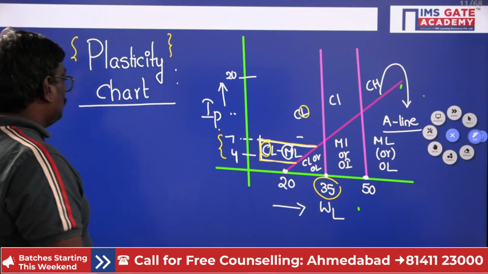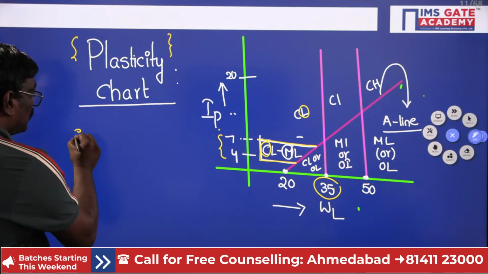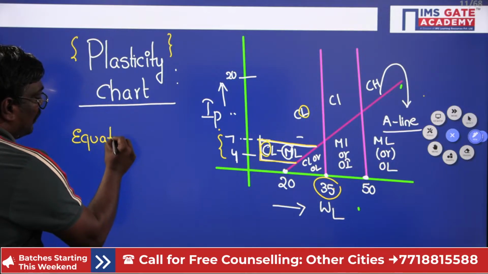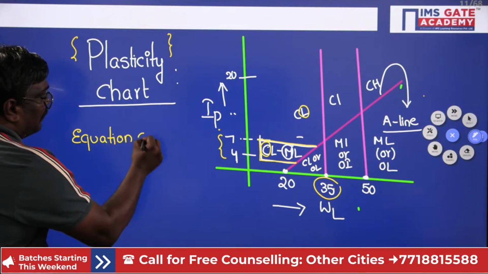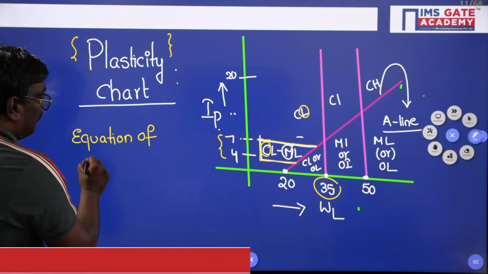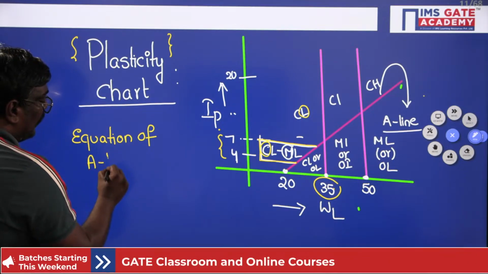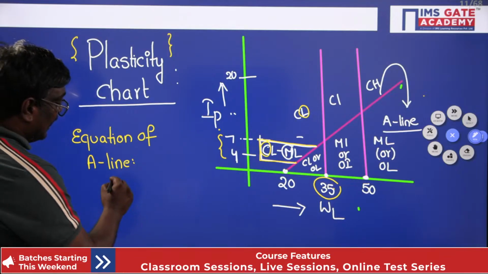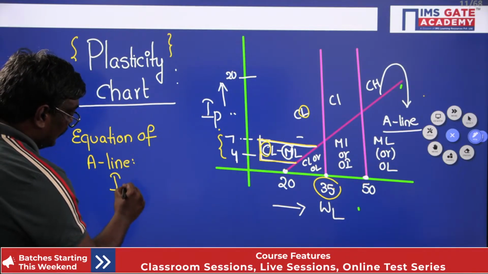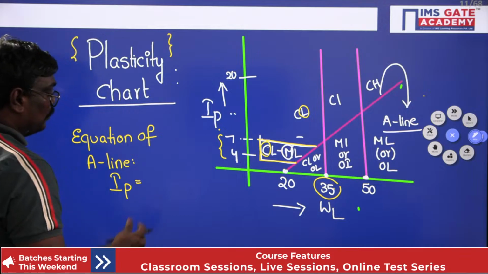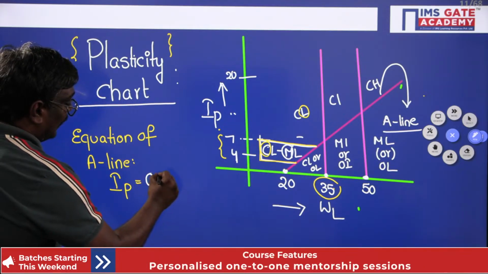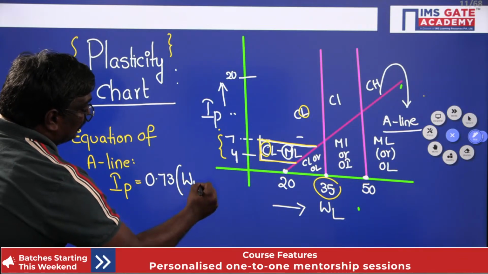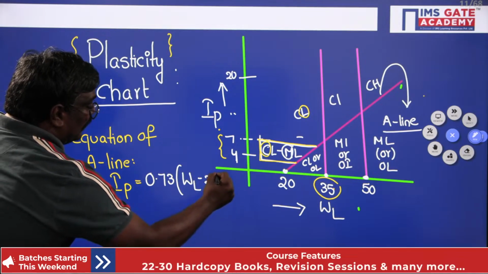So, my dear students, the equation of the A line, if you are writing any ISRO exam or any competitive exam, this is a very important point. The equation of the A line is given by the formula IP is equal to 0.73 into liquid limit minus 20.